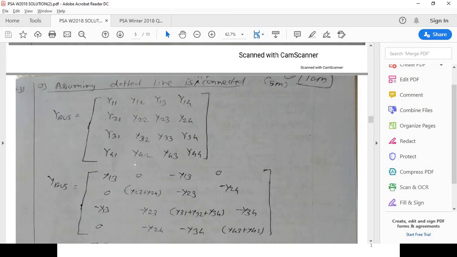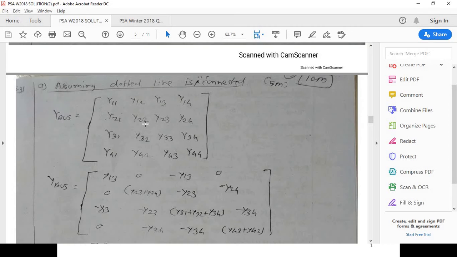Now, how to calculate the diagonal element. The diagonal element Yii is nothing but the positive sum of all the admittances which are connected to that bus. What is the meaning of this?